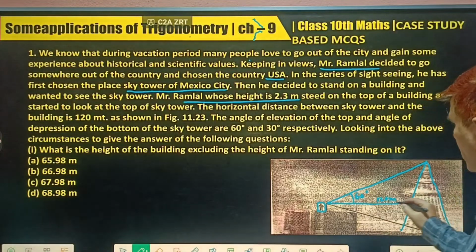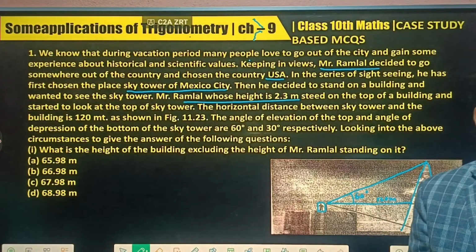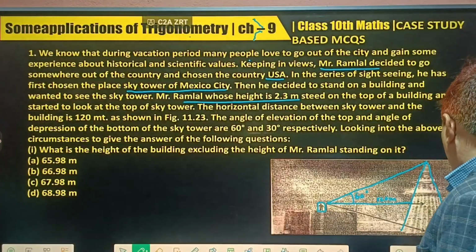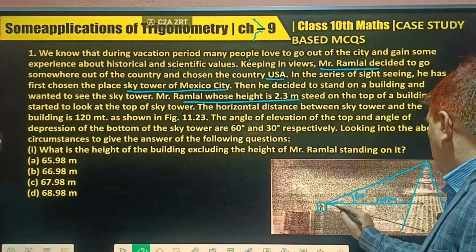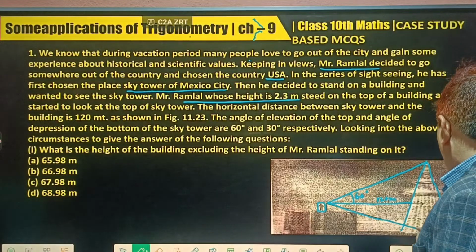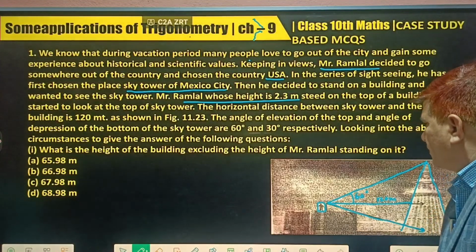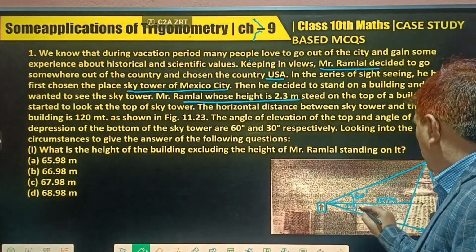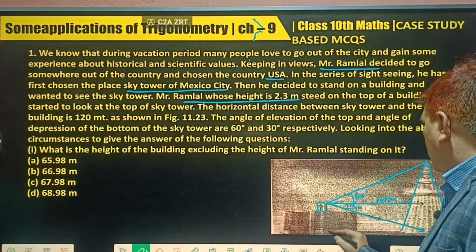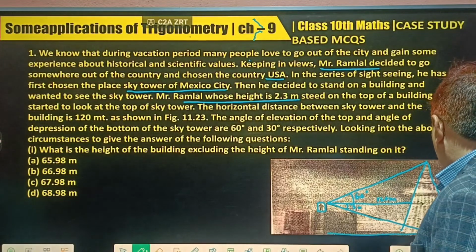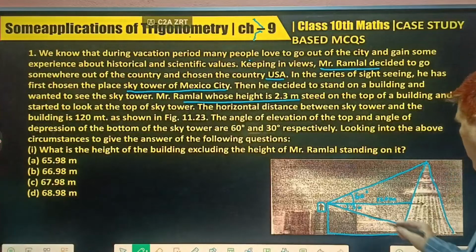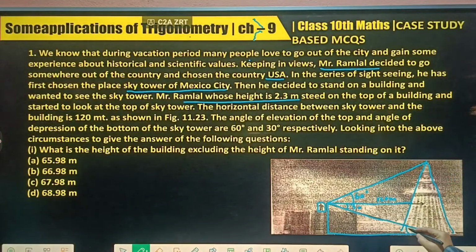This is the horizontal line, looking upside, so it is the angle of elevation, and looking downside, this is the angle of depression, 30 degrees. So this angle is 30, and this one is also 30, because both lines are parallel to each other.